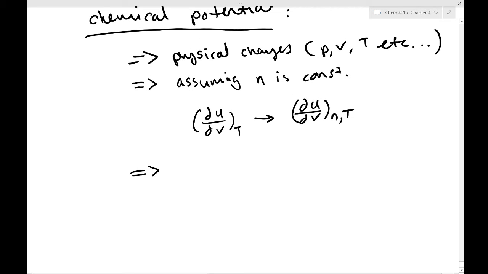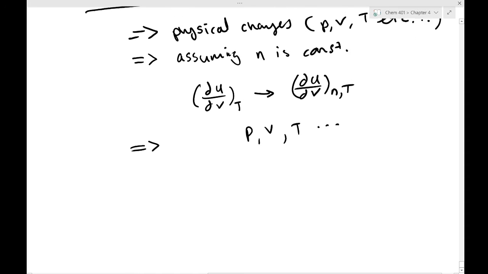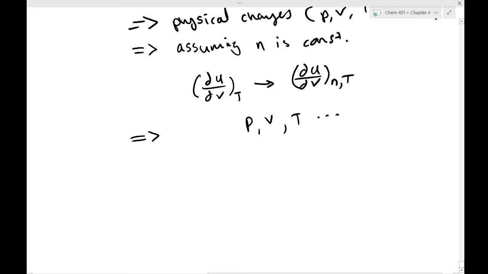if we think back to all of the different things that we've done with P, V, T, etc., we've been taking partial derivatives with P, V, T with respect to these state functions.